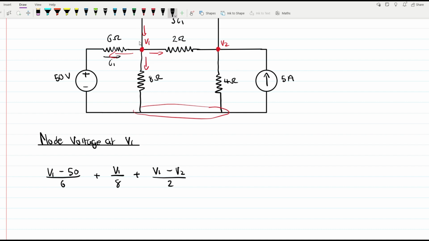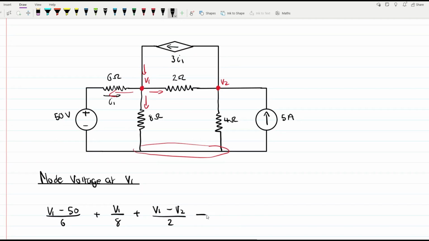And then we have the incoming current, so we're going to have minus that current, which is equal to 3I1, and all of that is equal to 0.